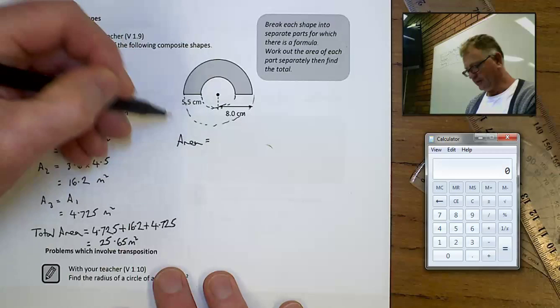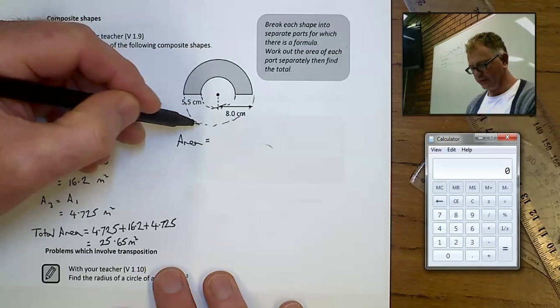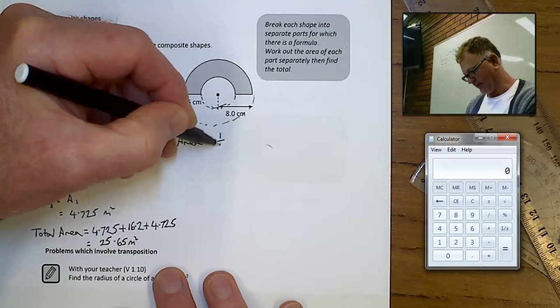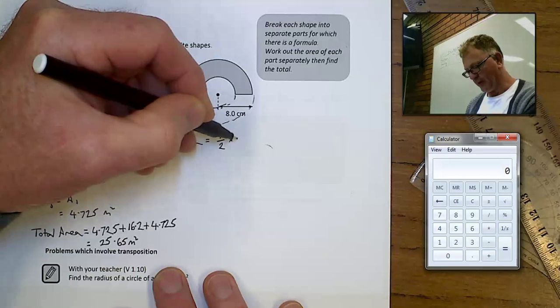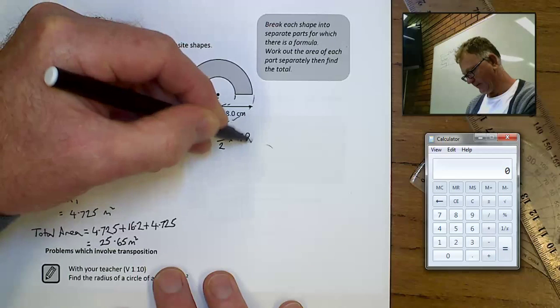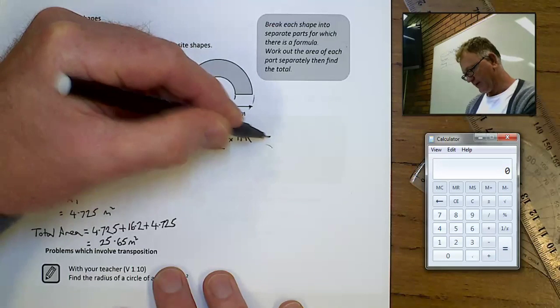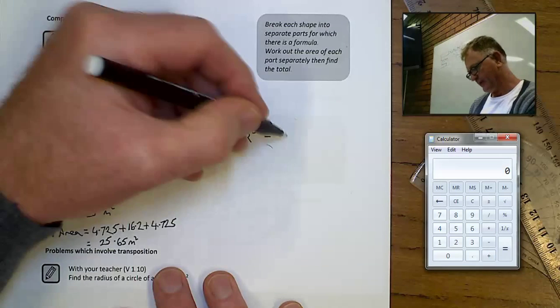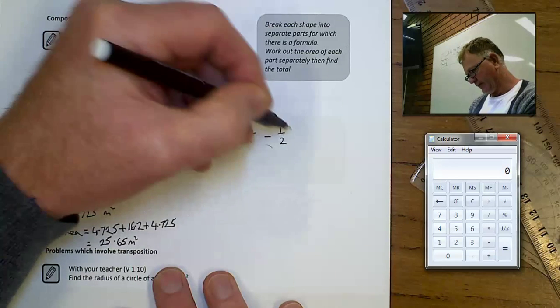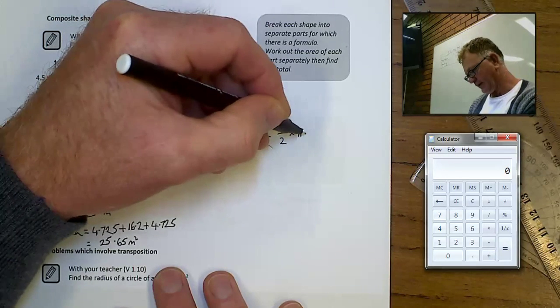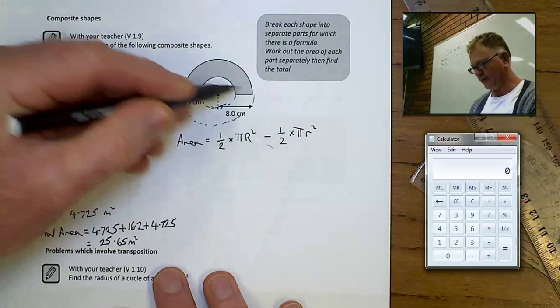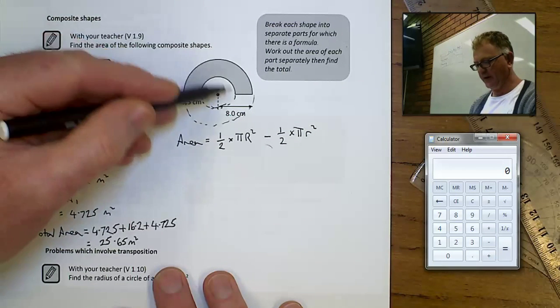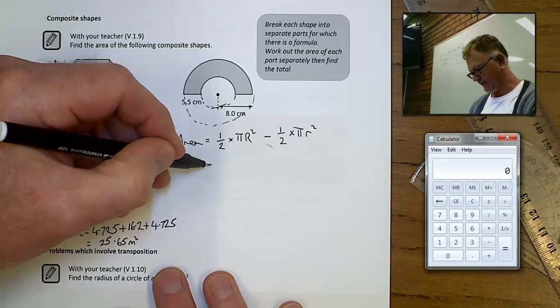is equal to half of a full circle, so a half times pi R squared, and then we're going to take away half a small circle, half times pi, and I'll call it little r squared, big R squared for the big circle, and we're going to take away half a small circle from it.